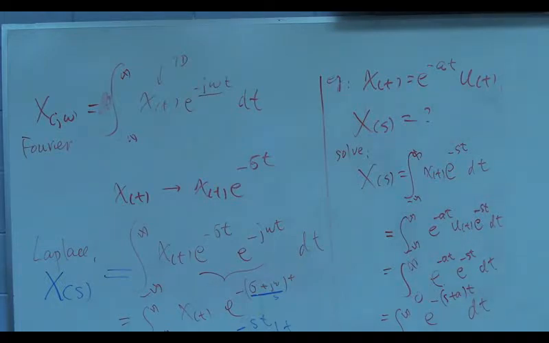Now we need to use techniques we learned in Math 168 on this integral. For example, let me take the integral of e to the lambda t dt. How to do the integral of this?